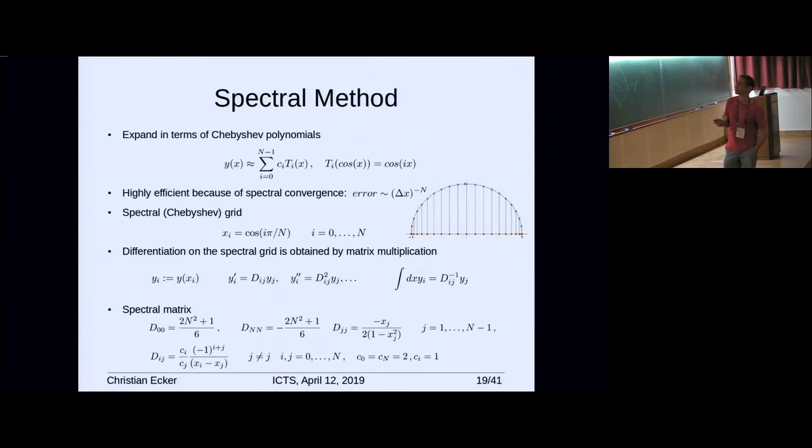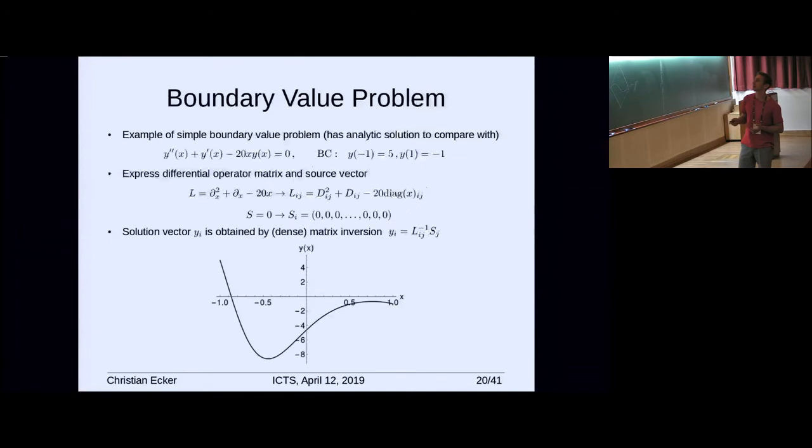Then the differentiation on this spectral grid is obtained by matrix multiplication, where the form of this matrix is given here. I don't expect you to understand in detail what I write here. The point is just that by using this spectral method, you have this non-equidistant discretization, and you transform differentiation and integration into matrix multiplication or matrix inversion. That's the point. Good, let's see how that works in practice.